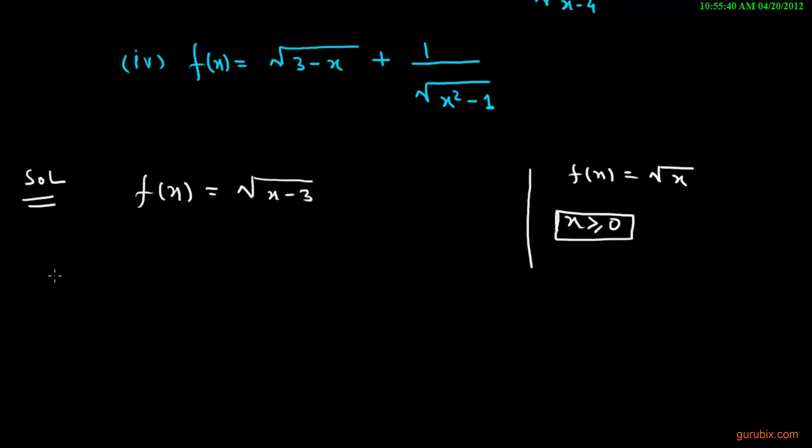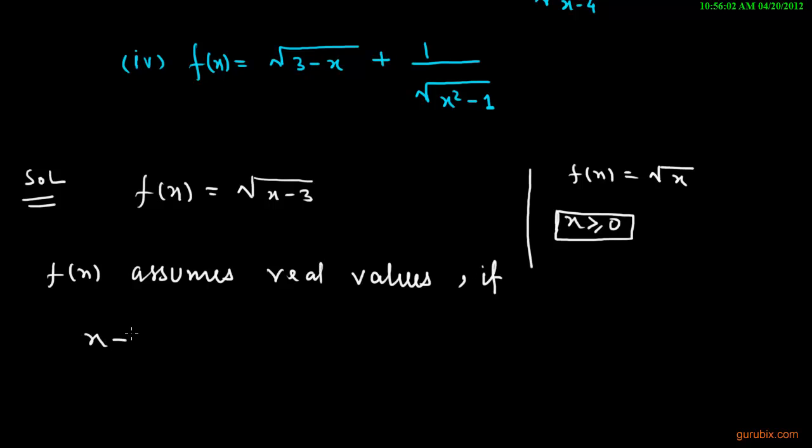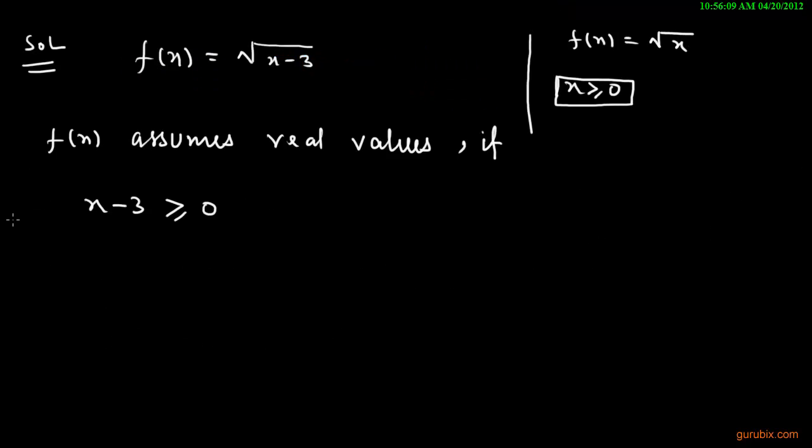So we shall write that f(x) assumes real values if x minus 3 is greater than or equal to 0. This means x is greater than or equal to 3, and this is a semi-closed interval, and we can write it as x belongs to the interval 3 included to infinity.